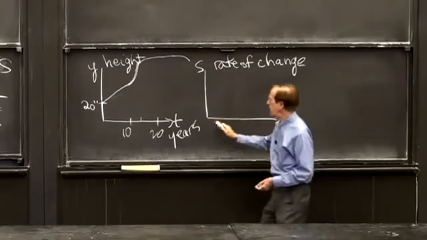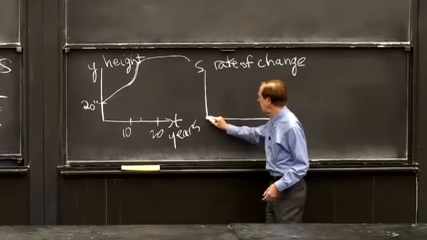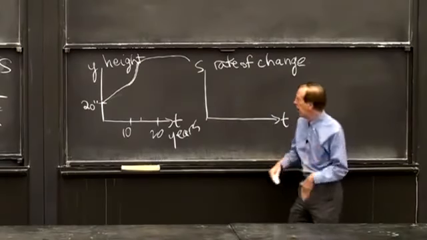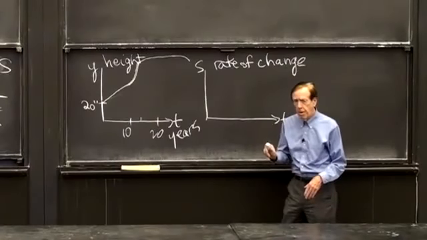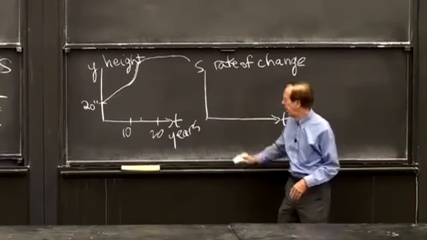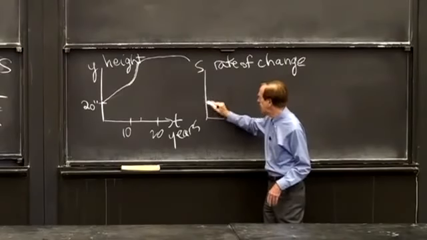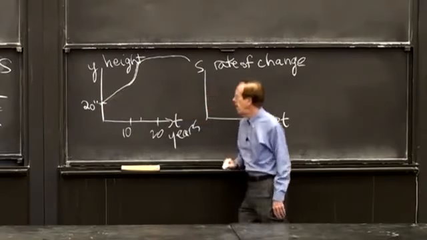Now, what's happening over here? Well, it's the slope of that graph. This is time 0, but you're growing right away. The rate of growth graph doesn't start at 0. It starts at how fast you're growing, whatever that slope is.